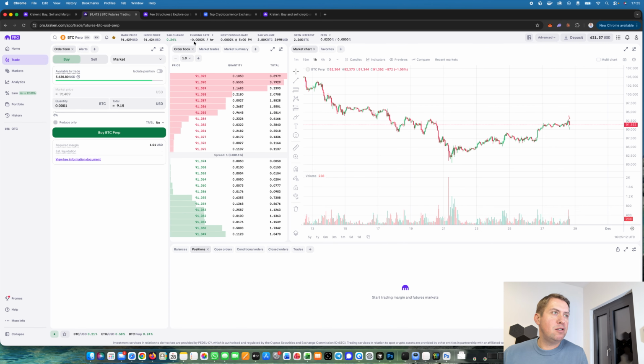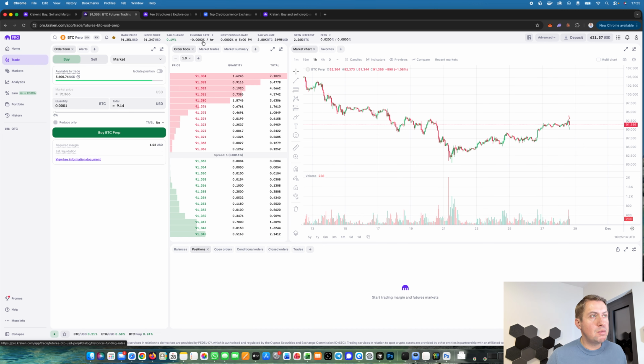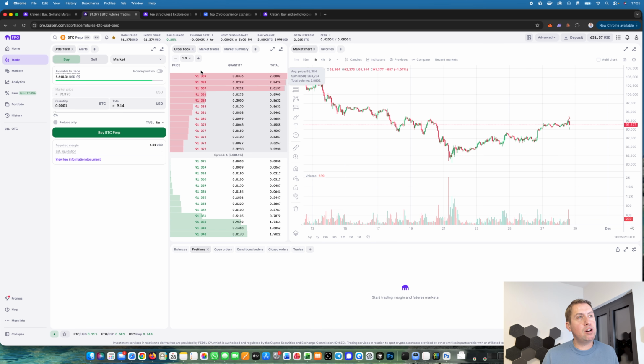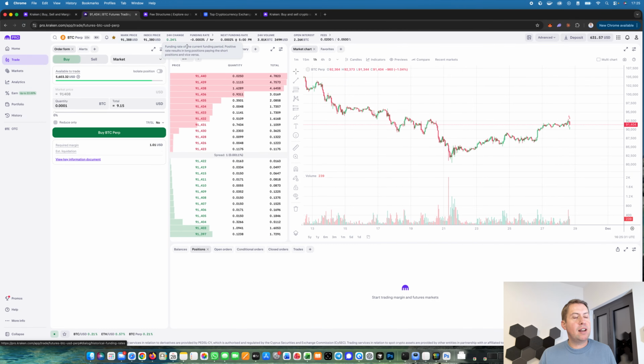So it's only 0.0003%. Because the funding rate right now is negative, if we were long, we would basically pay that every hour. And if I would close my position a few seconds before the full hour, I would basically pay nothing.